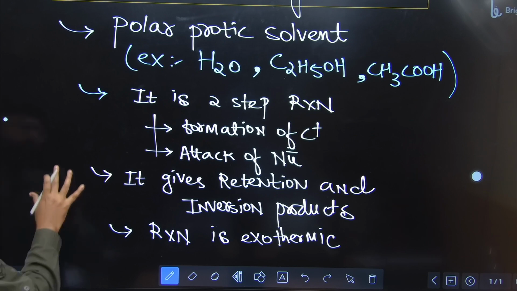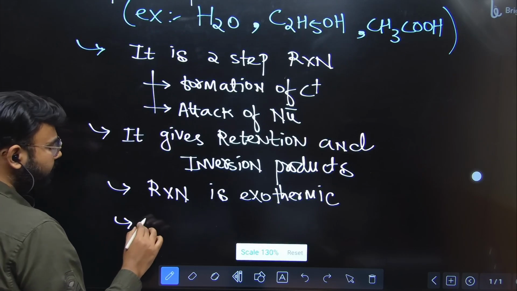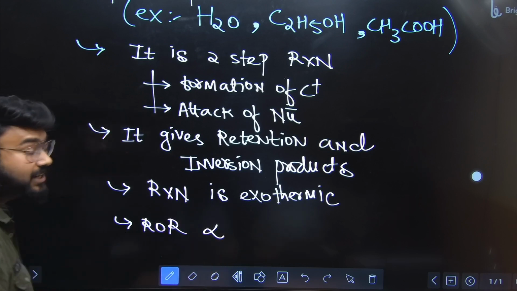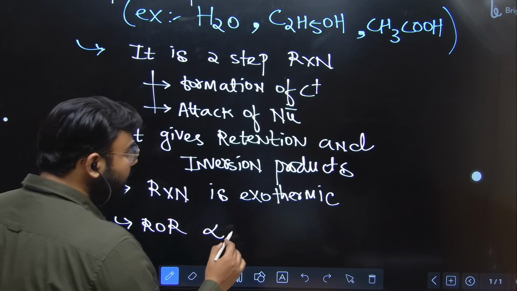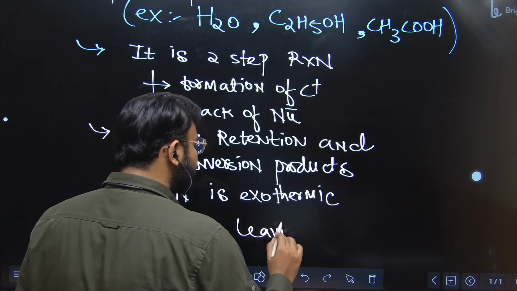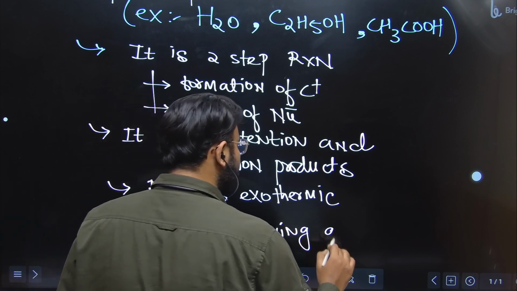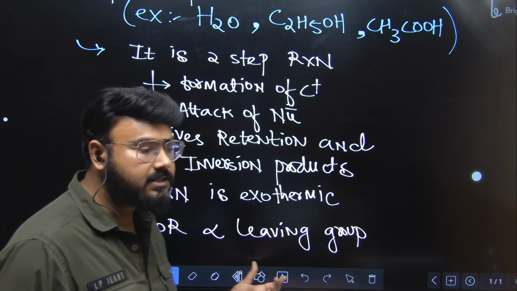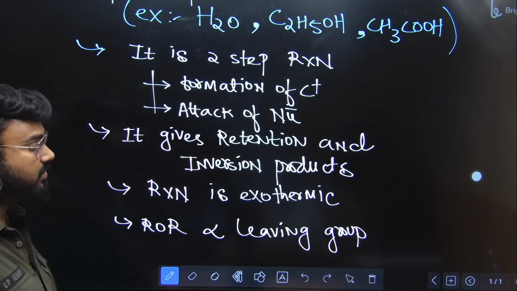Also, you should write it down. The rate of reaction depends on one more thing. Rate of reaction is directly proportional to the leaving group. So the rate of reaction depends on a good leaving group.